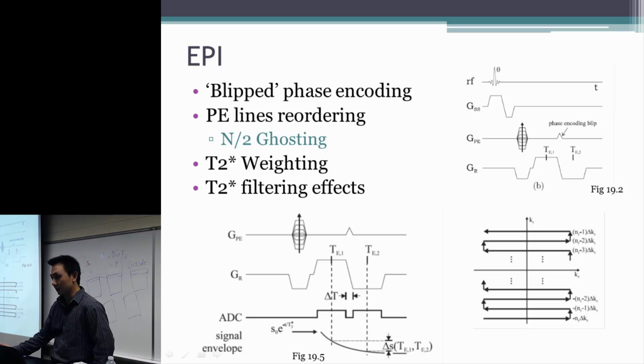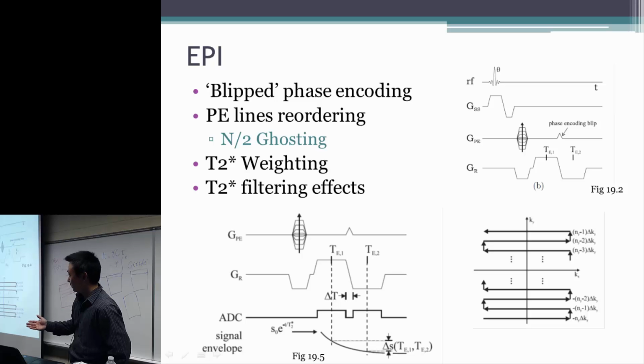As we discussed in chapter 13 or 14, if we have a filter along k-space, then we will have a blurring effect in the image domain.